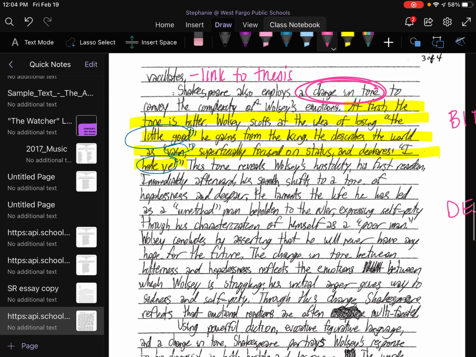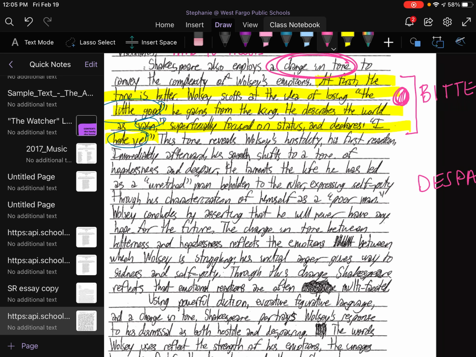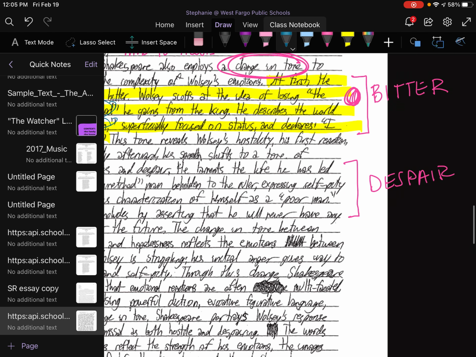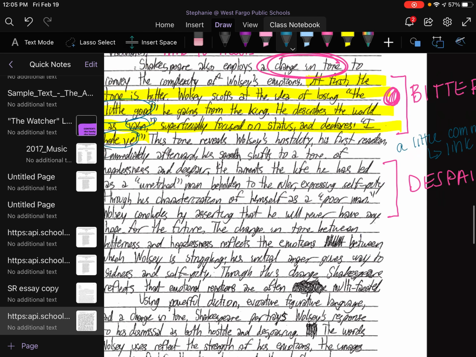Sometimes we get caught up in that all the evidence has to be right here in this little area, but sometimes you split it up and say, okay, I'm going to show you where he's bitter, and then just like this writer does, I'm going to show you where they're despairing, and in between those parts, I'm going to provide a little commentary. In this case, linking that evidence to the technique that we were just talking about.